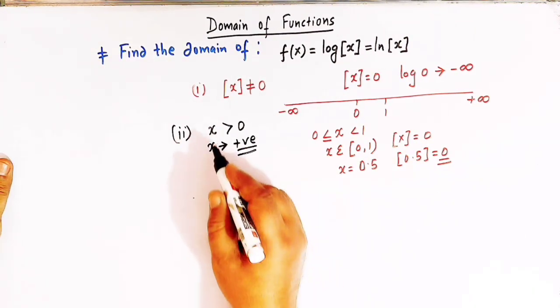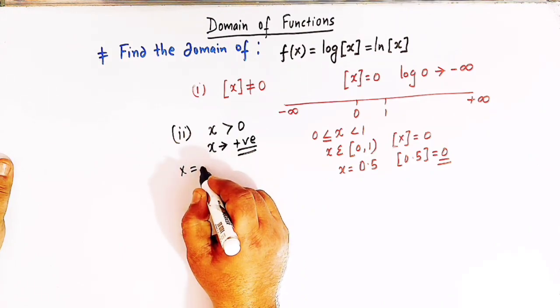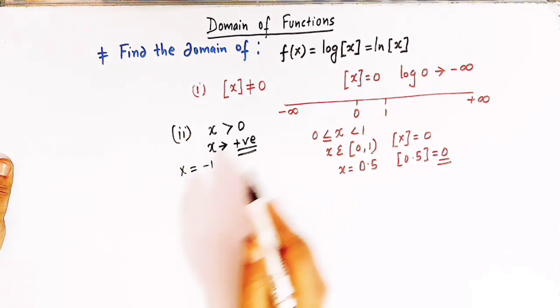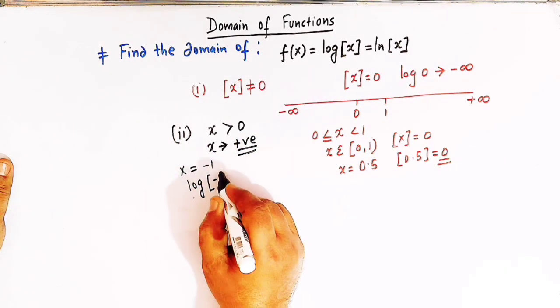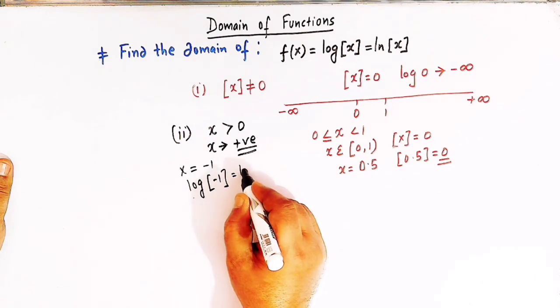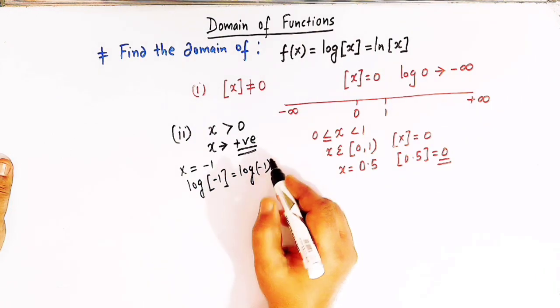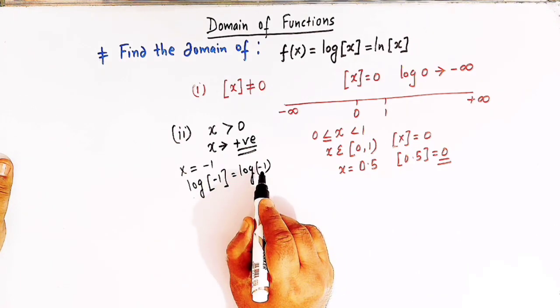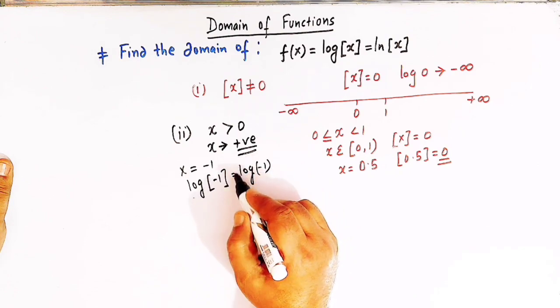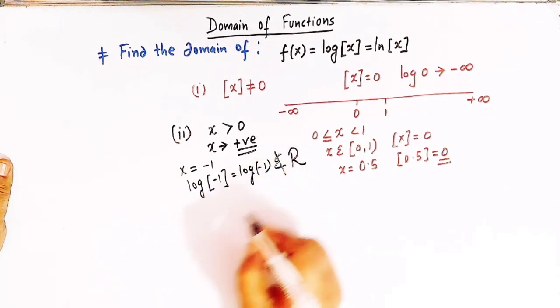Now let us take some examples here. Suppose we have, say, x equal to minus 1, right? Then we have log of greatest integer of minus 1, and the greatest integer of minus 1 is minus 1, and here we have the logarithm of a negative number which does not belong to the set of real numbers, right?